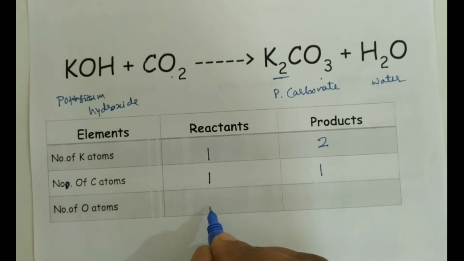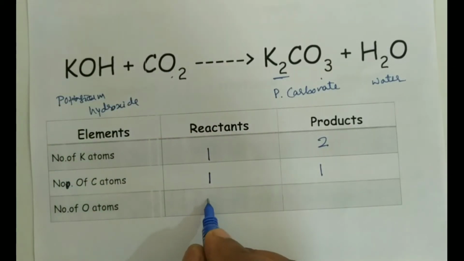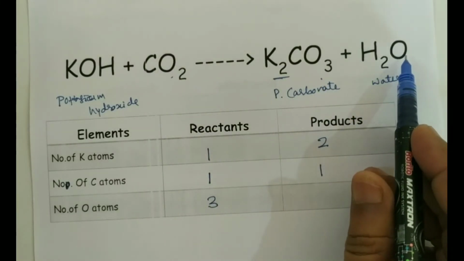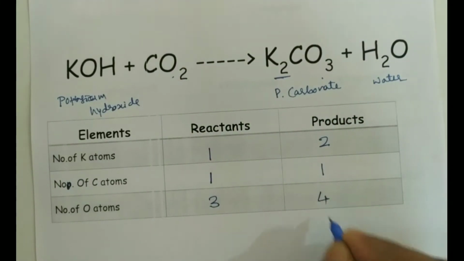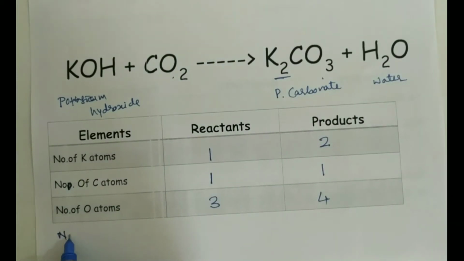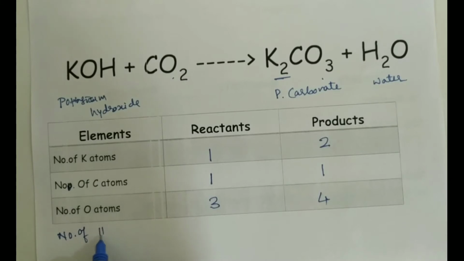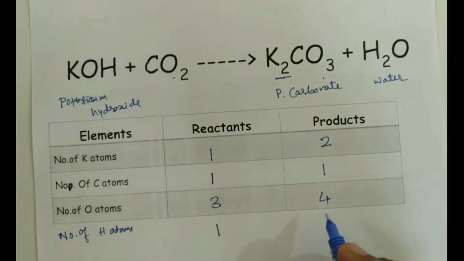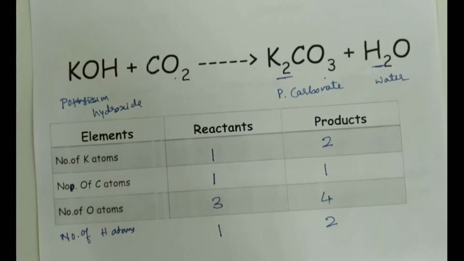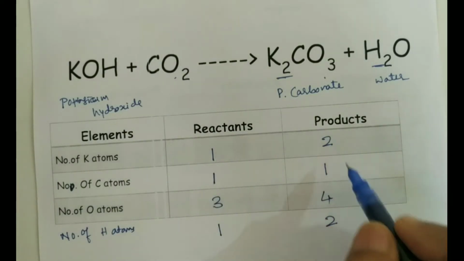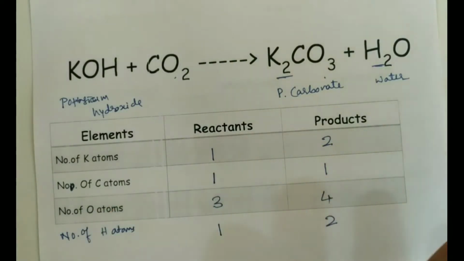Number of oxygen atoms: here 3, 2 plus 1, that is 3, and here 3 plus 1, that is 4. One more I left: the number of H atoms. How many H atoms are there here? 1 is there, here 2 are there, H2, right? So the reactant side is 1, 1, 3, 1 and the product side is 2, 1, 4, 2, which means it is not balanced.